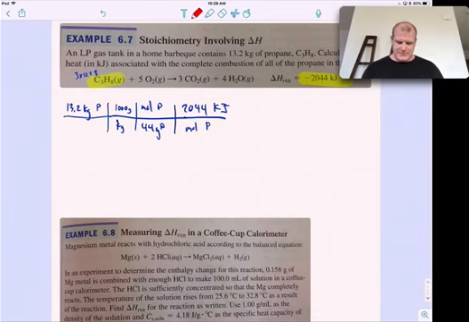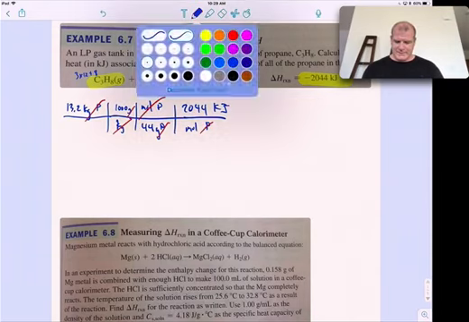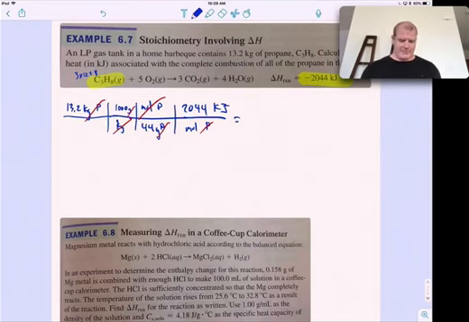Okay, so the kilograms propane cancel, the grams propane cancel, the moles propane cancel, and we're left with that. So it's just 13.2 times 1,000 divided by 44 times 2044, and I'm getting 613,200 kilojoules.